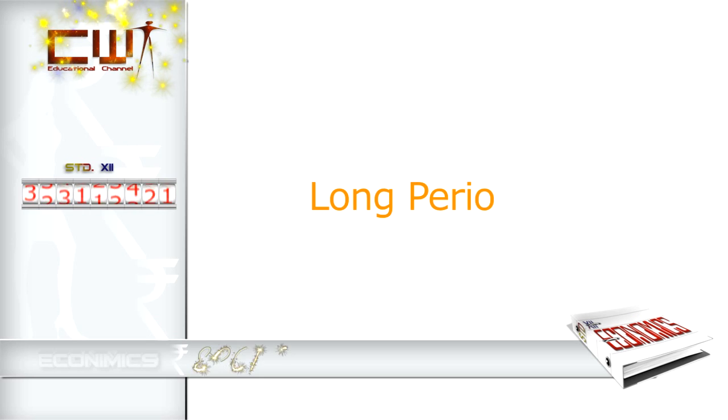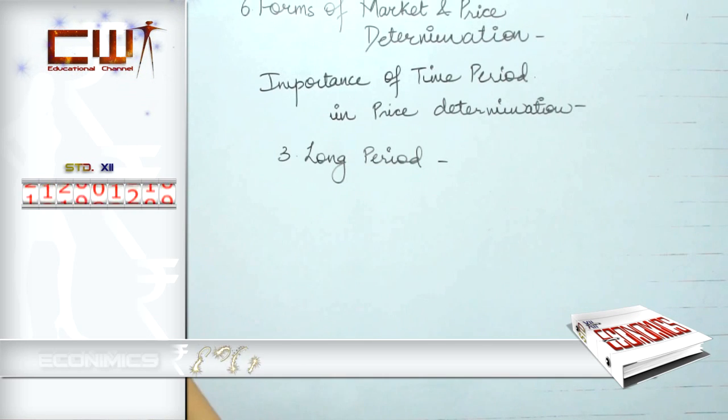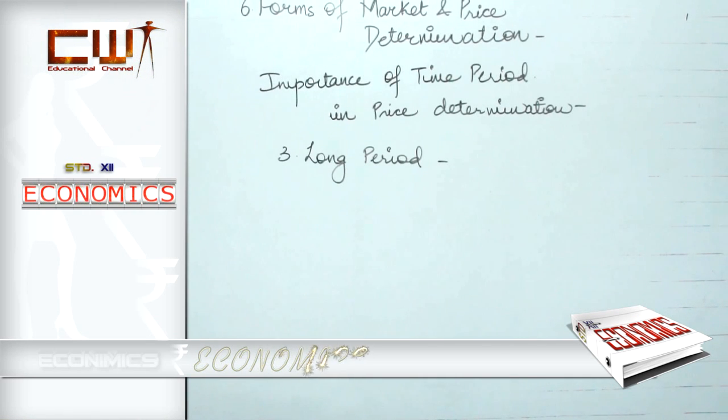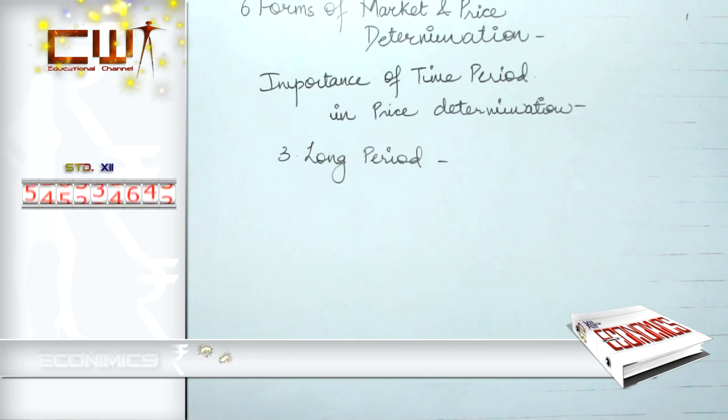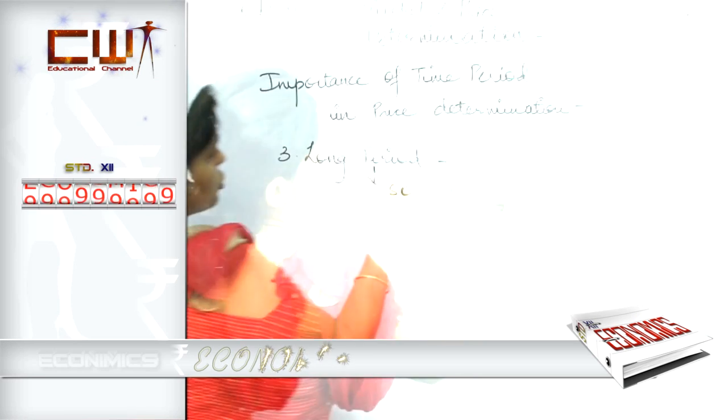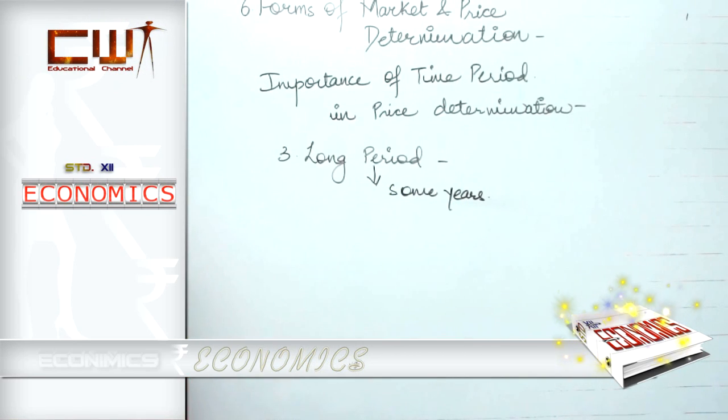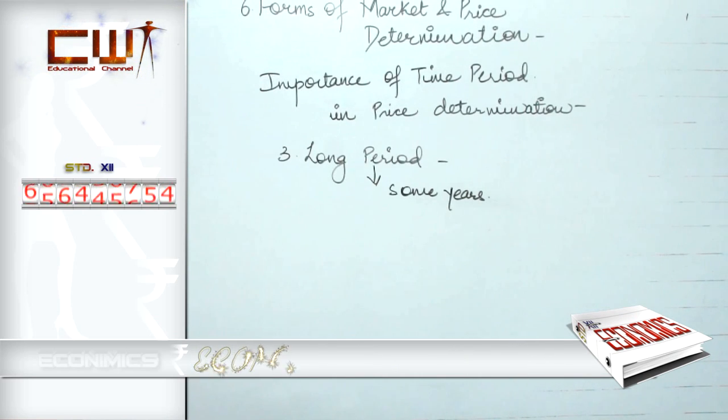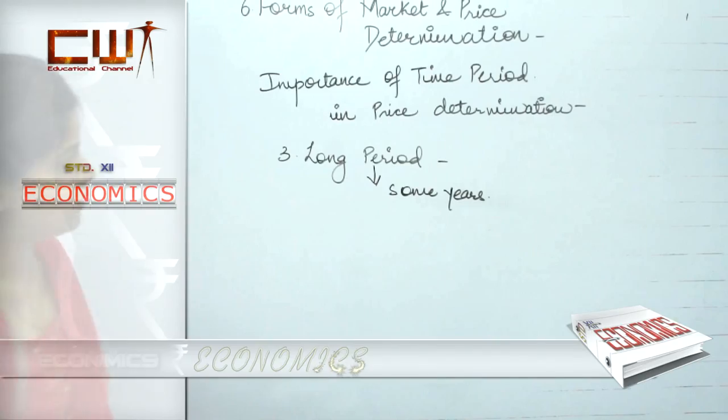Next is the long period. It is a market situation in which the increase in demand for the commodity lasts for years and there is enough time to change both the demand and the supply. The long period exists for some years. The demand increases and it lasts for some years and there is enough time to change the supply also.